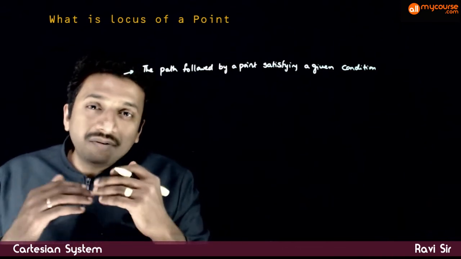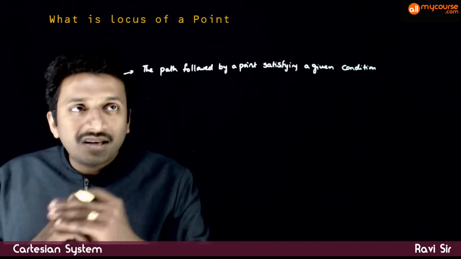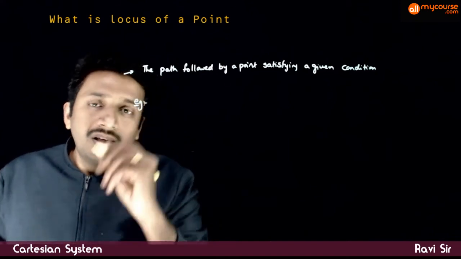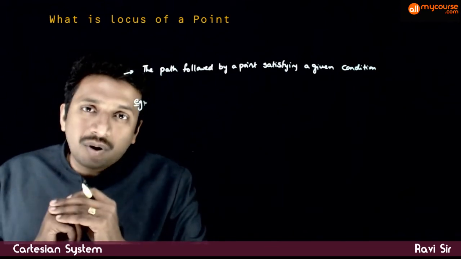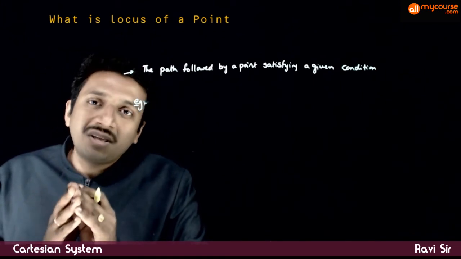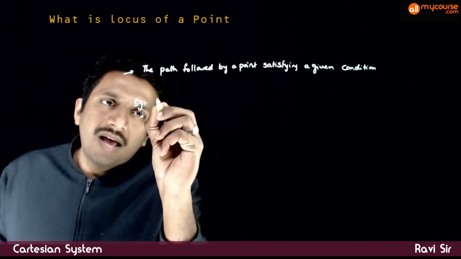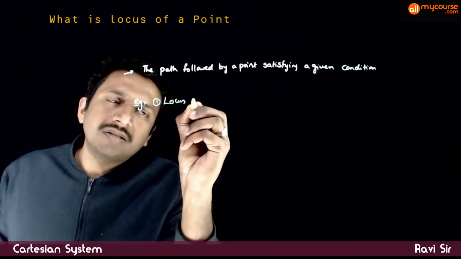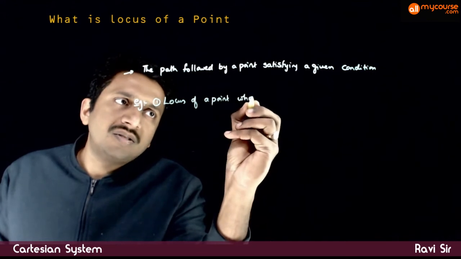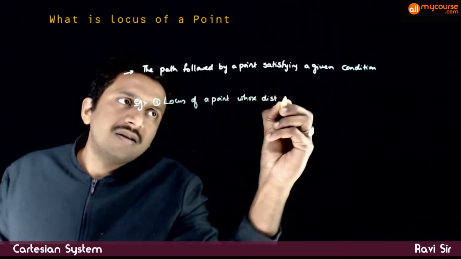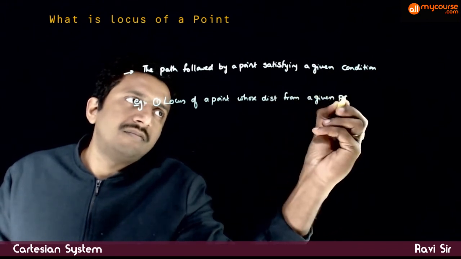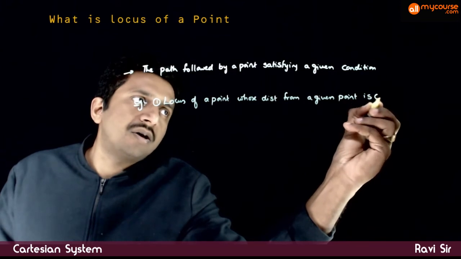So let us try to physically understand what locus is. For example, if you are asked to find the locus of a point which maintains a constant distance from a given point, I want the locus of a point whose distance from a given point is constant.